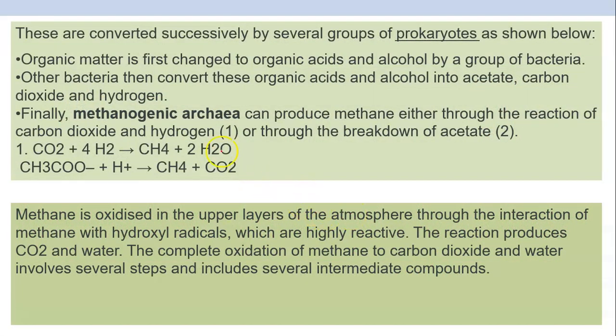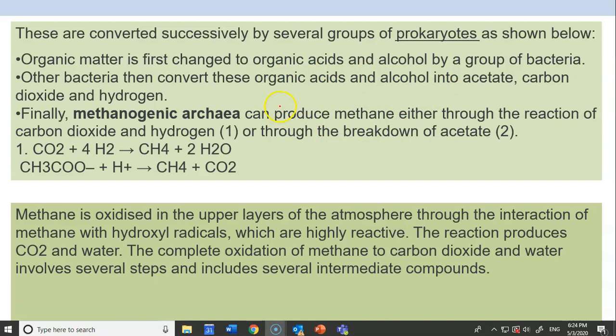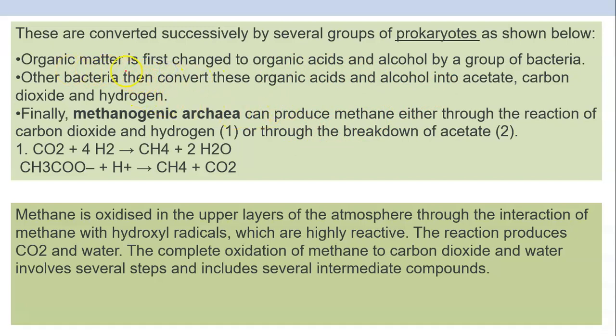These are converted successively by several groups of prokaryotes as shown below. The process includes organic matter firstly changed to organic acids and alcohol by a group of bacteria. Then other bacteria can convert these organic acids and alcohol into acetate.